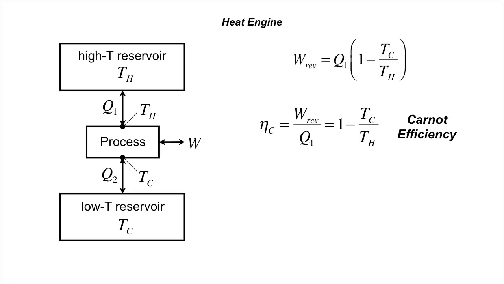The ratio of the reversible work to Q1 is called the Carnot efficiency, named after the 19th century French thermodynamicist Sadi Carnot. This is a somewhat unfortunate name for this quantity, since it's probably misleading to think about this as an efficiency. The word efficiency implies a ratio of what you can achieve versus what is theoretically achievable.